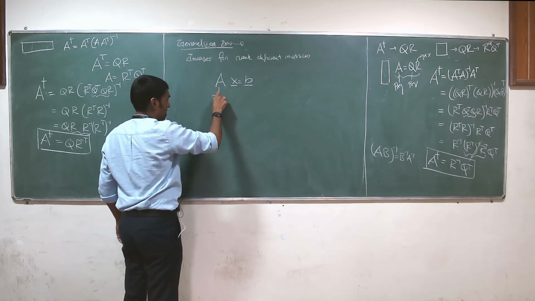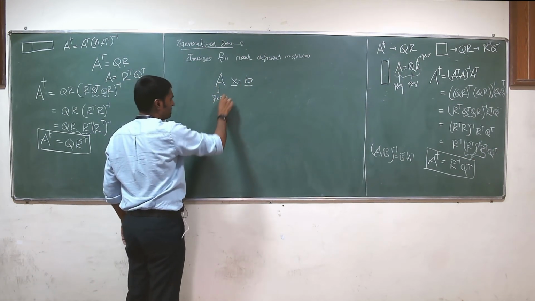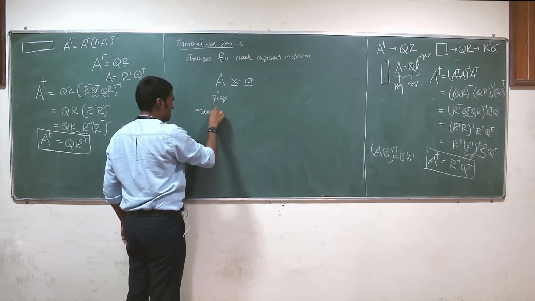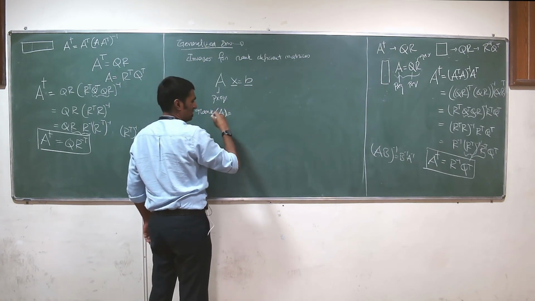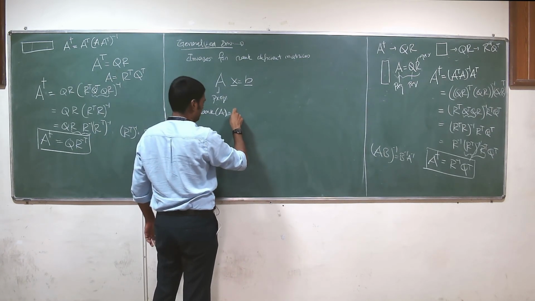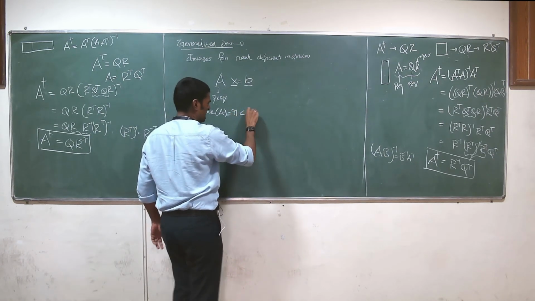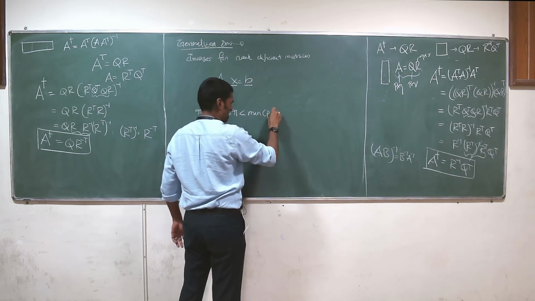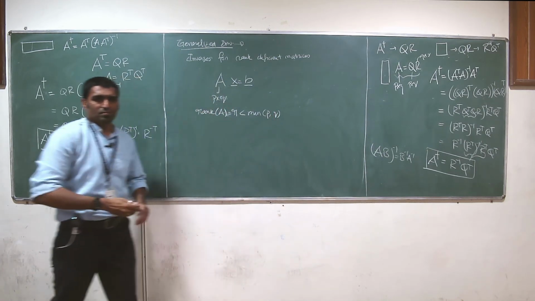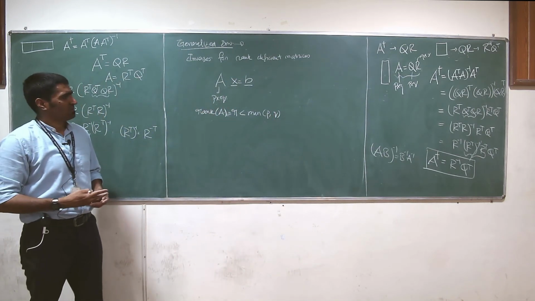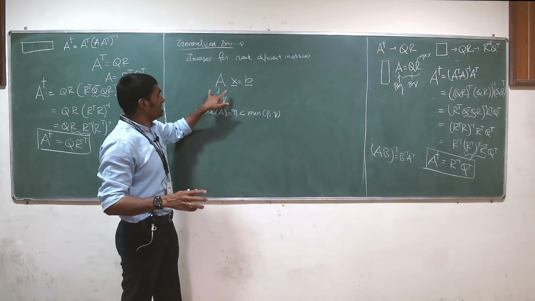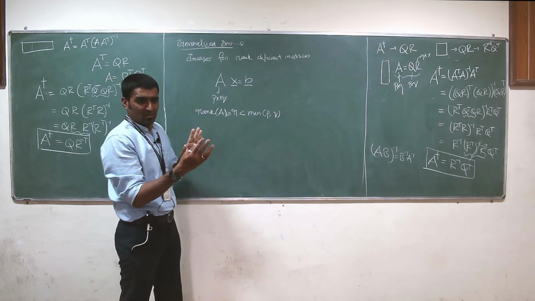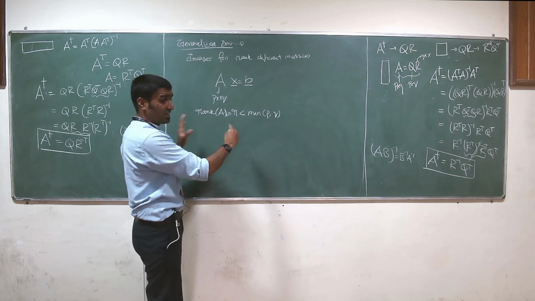This is P cross Q, and the rank of A is R. R is less than the minimum of P and Q. There is again a slight difference whether it's tall, fat or square.